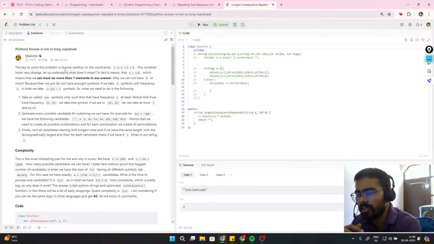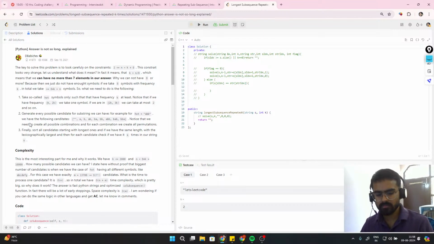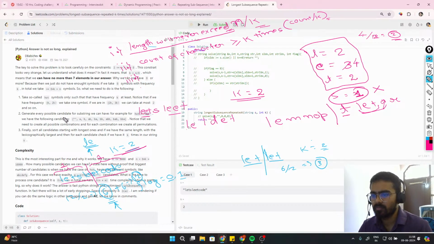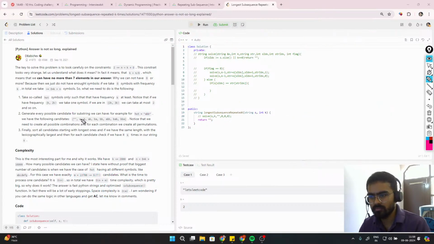N is going up to 2000. Why can we not have 8 or more? Because then we just do not have enough symbols.